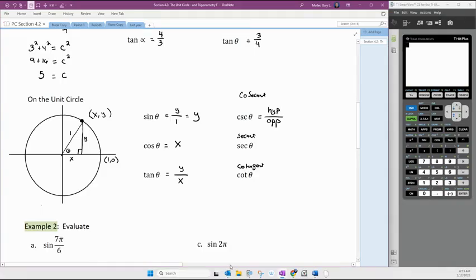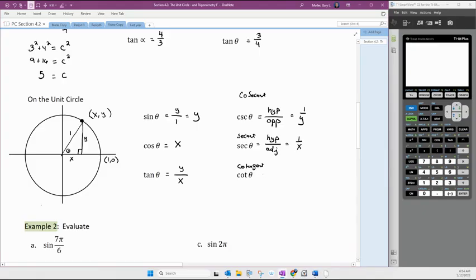So in our case, the cosecant of theta would simply be flip over y, which would be 1 over y. The secant of theta is the hypotenuse over the adjacent side, the reciprocal of cosine, so that'd be 1 over x.